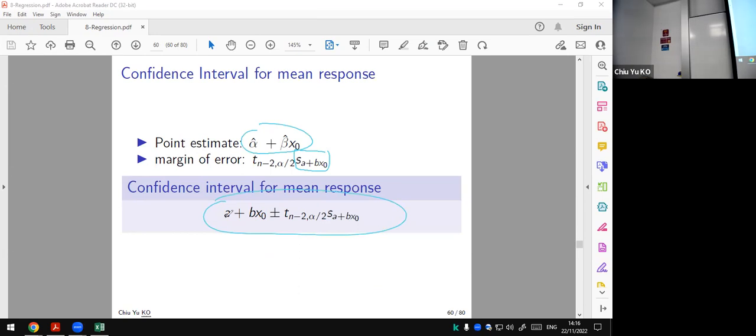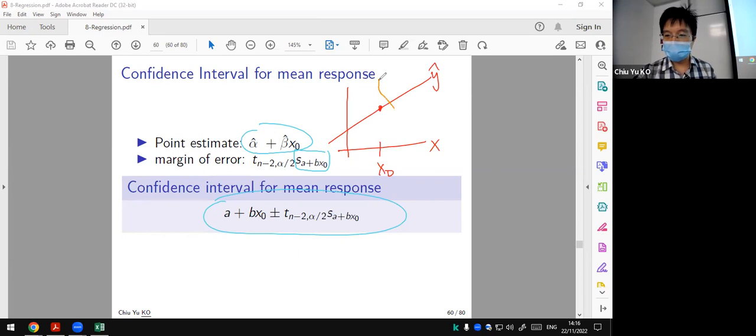The prediction is the point there. I will talk again a little more about it next class. Here is X0, this is our prediction, and it tells you the confidence interval, the interval for our prediction. And that marks the end of our whole course.